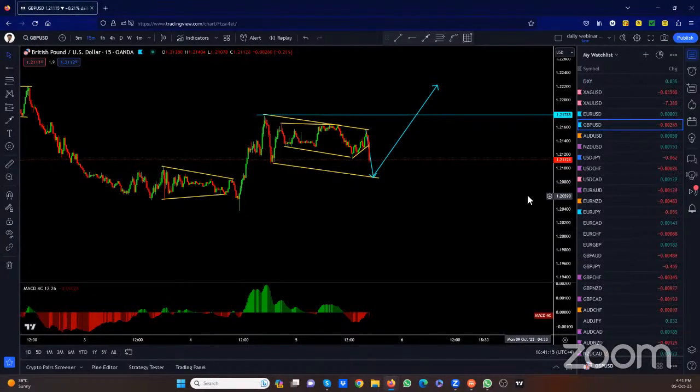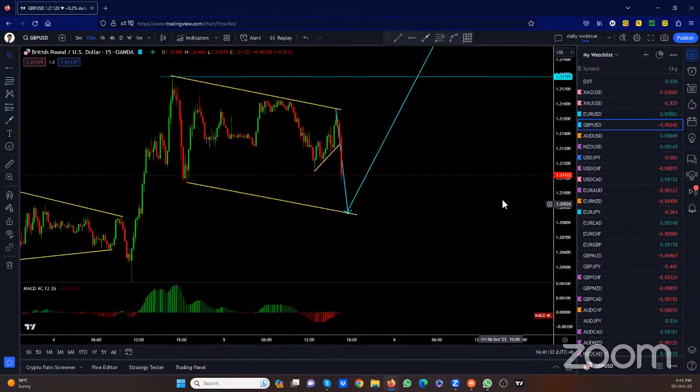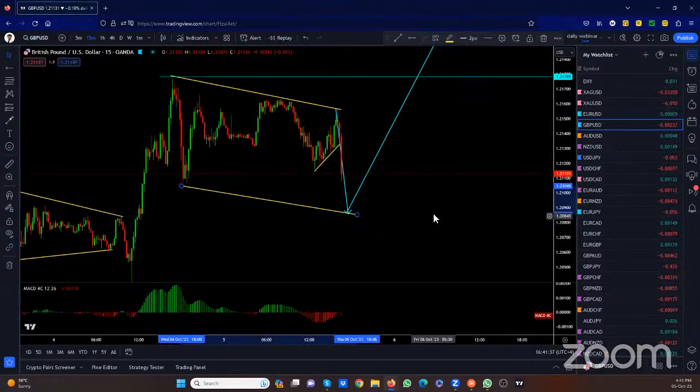Patterns do work, right? Exactly how you want them to work. So we'll take out all the internal ones. We don't really need them anymore. We need this one to come here. Now you have an impulse, you have a flat, and let's go for the next one. It just needs to break this low, but it can go further.